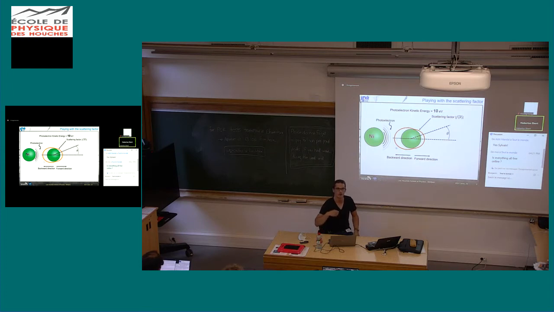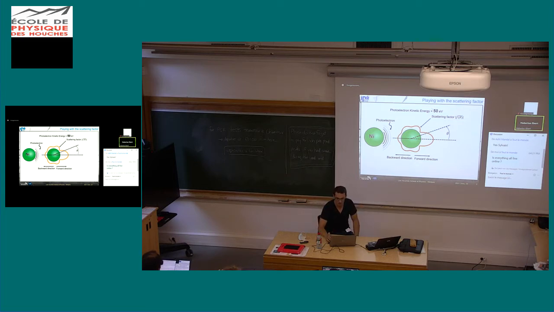So you are more likely to get backward than forward. And if you increase the energy, you see the shape can be really tricky. It is sensitive to the photoelectron energy and also to the electronic structure of the scatterer.